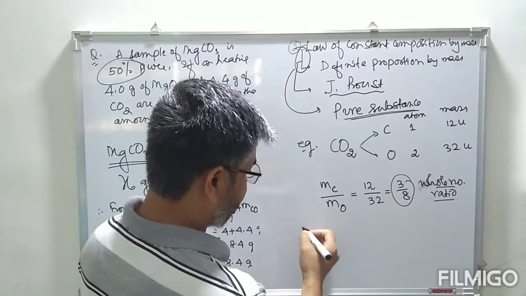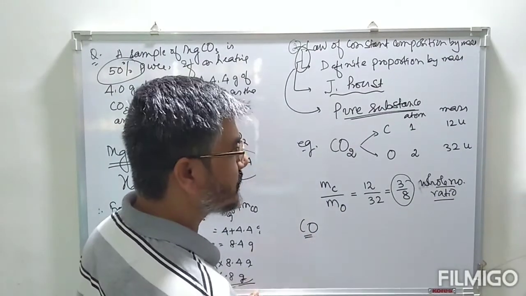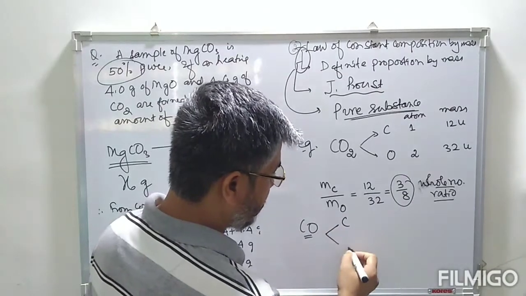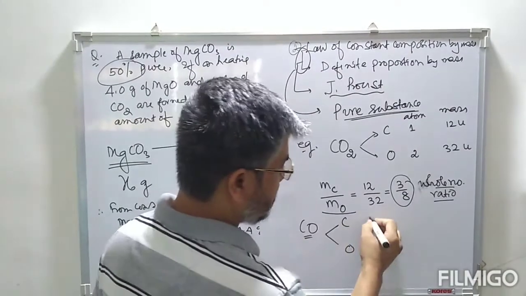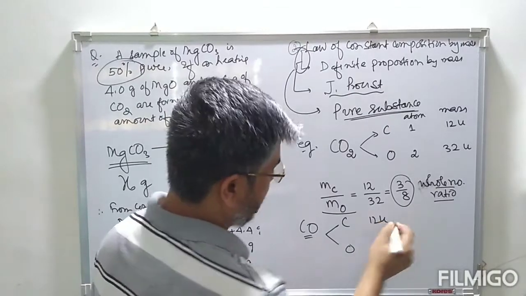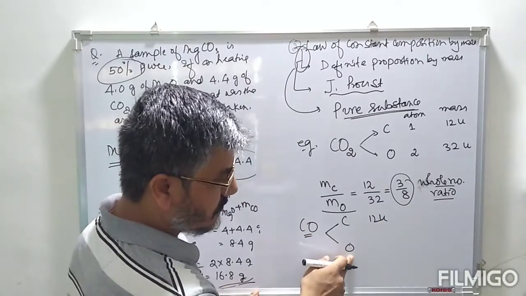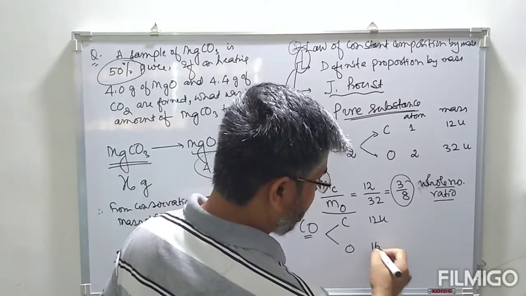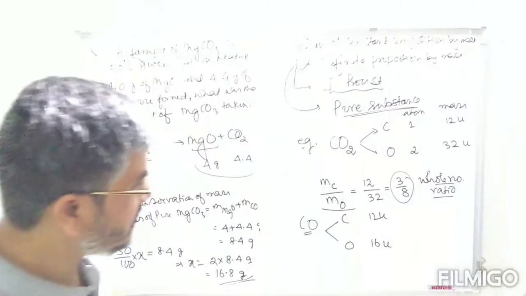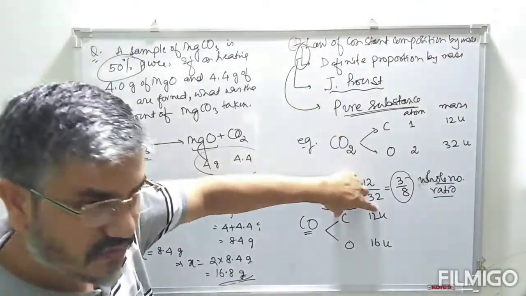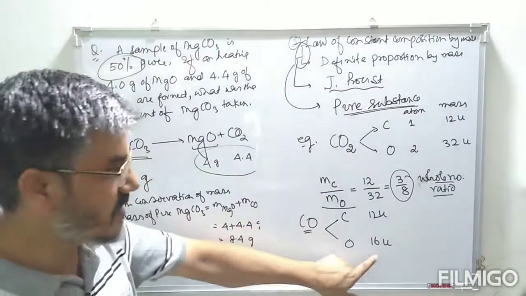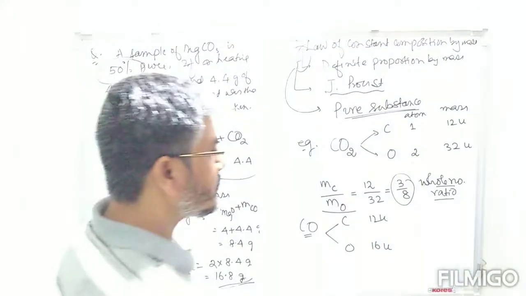Take another example. Take carbon monoxide. We have carbon and we have oxygen. We have one atom of carbon, so the mass is 12 u. We have one atom of oxygen, that is 16 u. So we have a pure sample of carbon monoxide, in which we have one atom of carbon with mass 12 u and one atom of oxygen with mass 16 u.